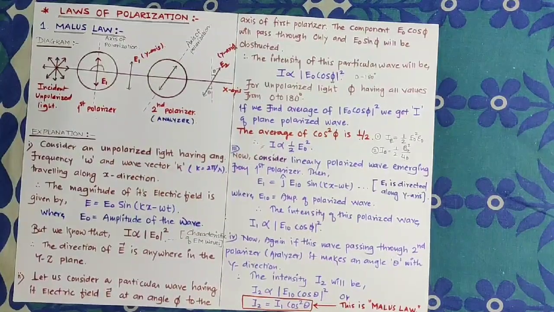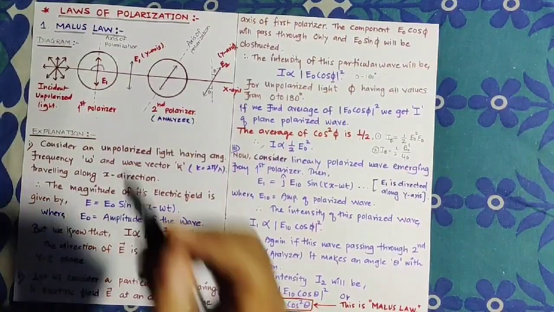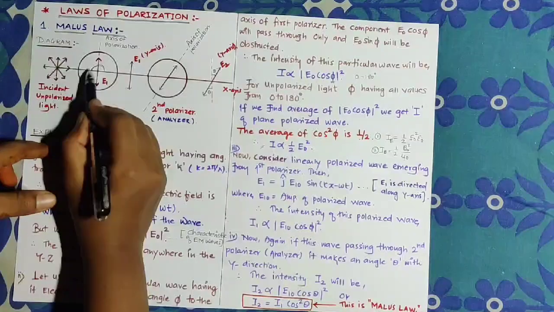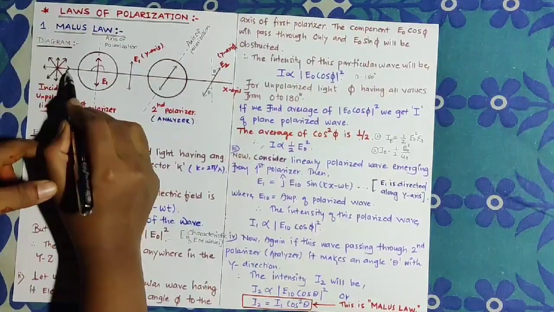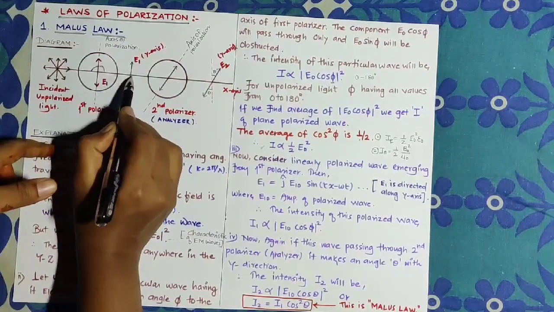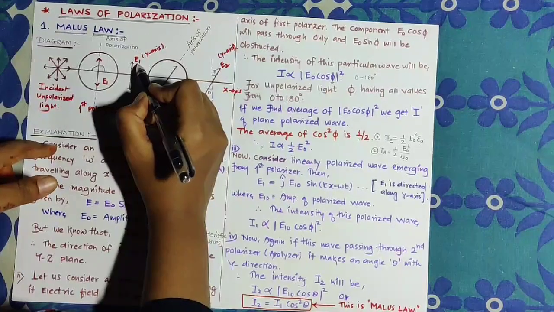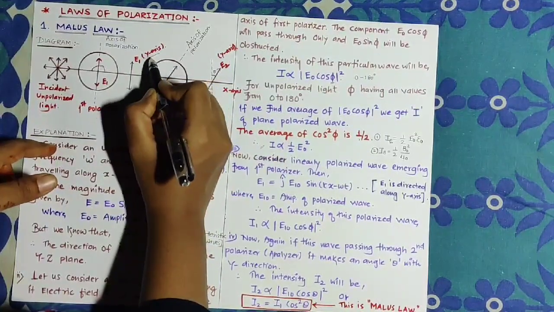Now the third point is that when we consider the linearly polarized wave emerging from the first polarizer, that means when unpolarized light is passing through this first polarizer and it emits plane polarized light, the direction of this E1 we represent in terms of what?